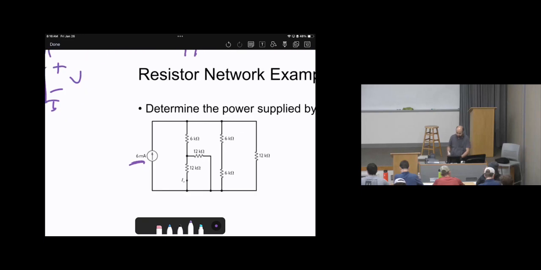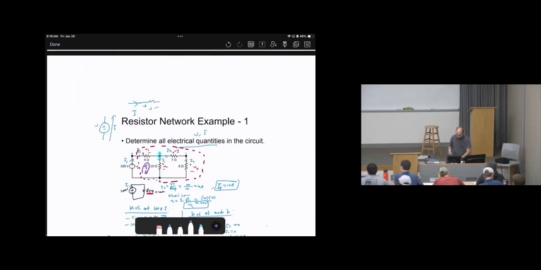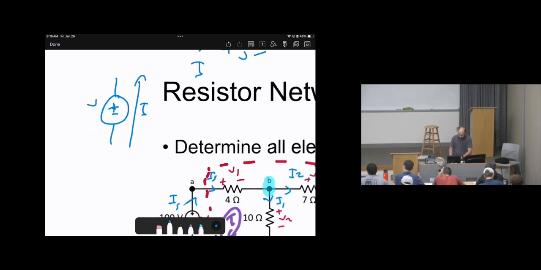So every time, recall this thing. I used to say, make the current leaving the positive every time you do it for the source. It's the same for the current source as well. When you have a current source like this, make sure the voltage positive is at the top of the arrow. That's a must every time.